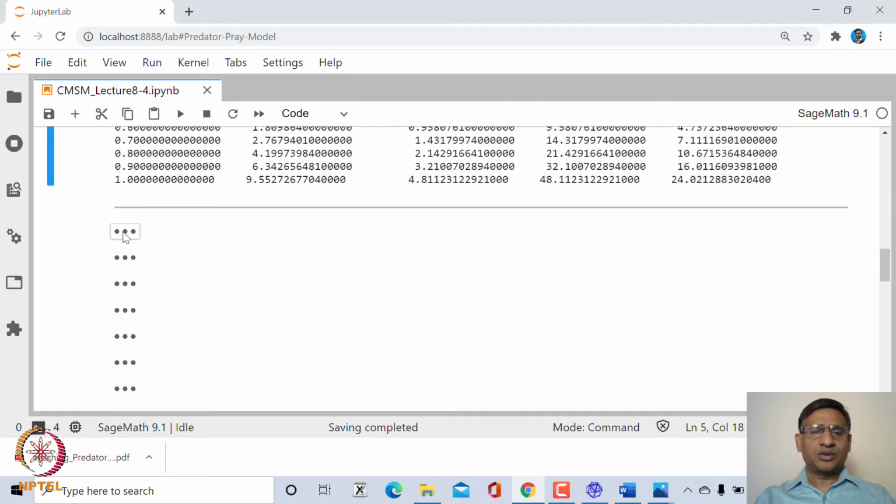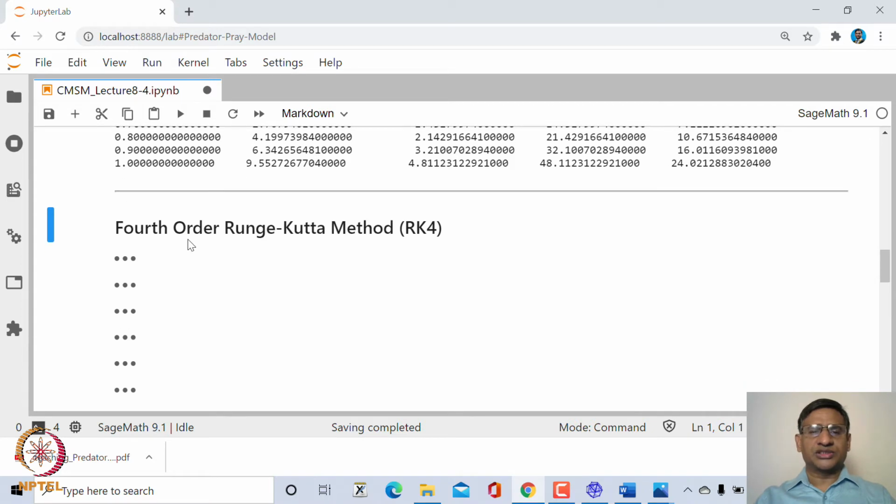Now let us look at the fourth order Runge-Kutta method, or popularly it is known as the RK4 method. This is an algorithm which is very efficient and quite popular.